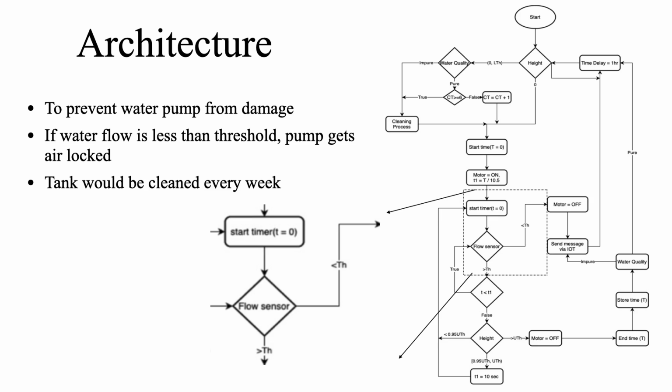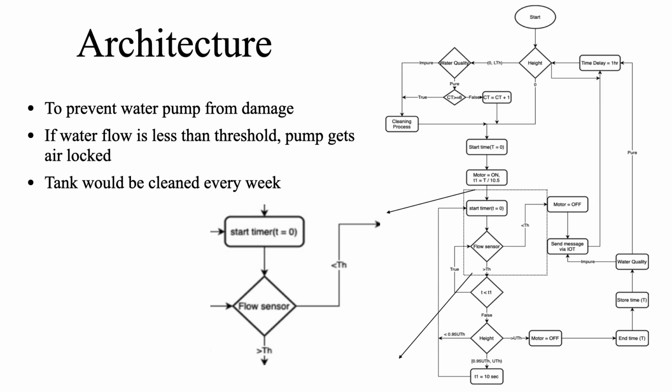Here we wanted to focus on one practical aspect which might be a huge challenge. Sometimes the water source of the water pump, from which the water is drawn into the water tank, may be empty. As a result, the pump may just pull air, and there are chances that the water pump may get damaged. To prevent that, we have fixed a flow sensor, and the system will check the flow sensor continuously.